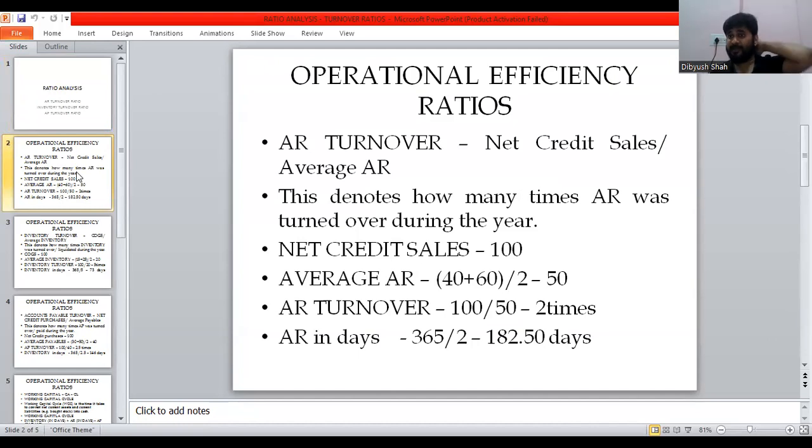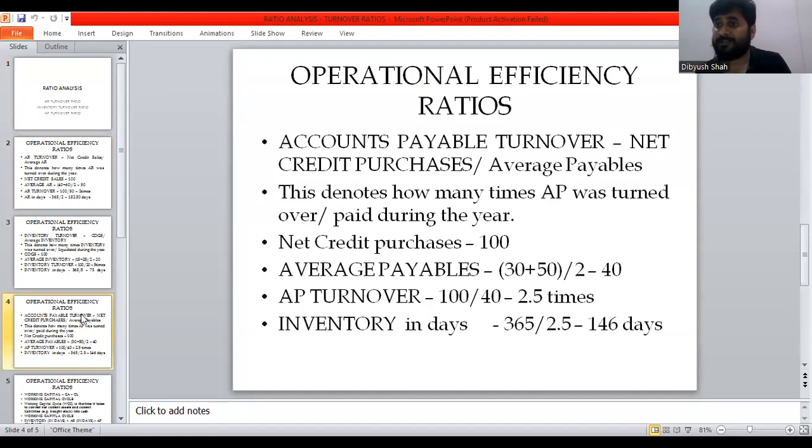And I was wondering if I have any collection problem because my days were coming very high, 182.50 days. Immediately when I went to the accounts payable turnover, I saw no, I am paying my average accounts payable also in 146 days. So my creditors are also perhaps granting me that much credit. So perhaps this industry has a long gestation period where your creditors also expect you to manufacture and sell it in a period of time.